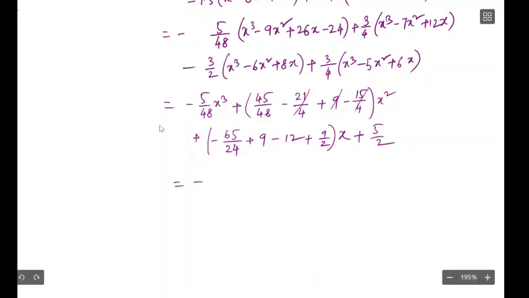That is minus 5 by 48 x cube plus 15 by 16 x square.